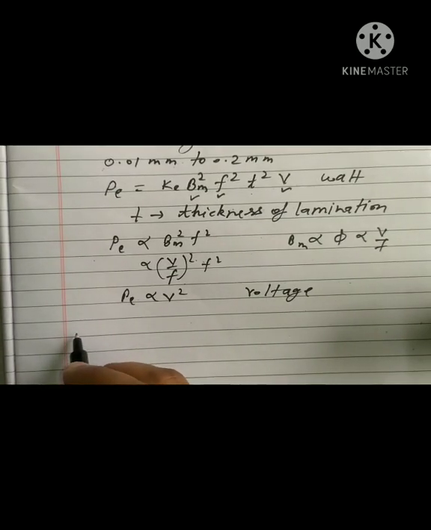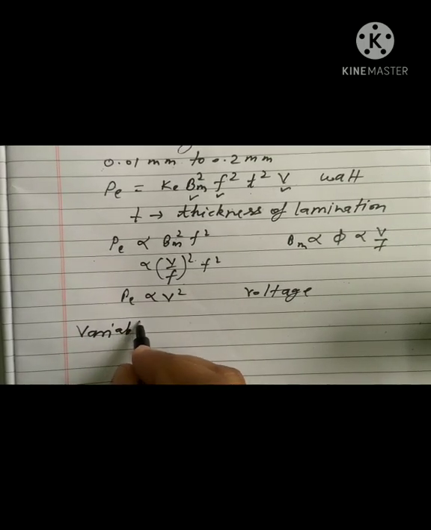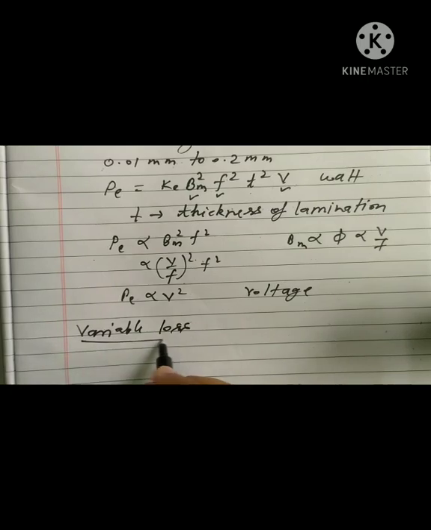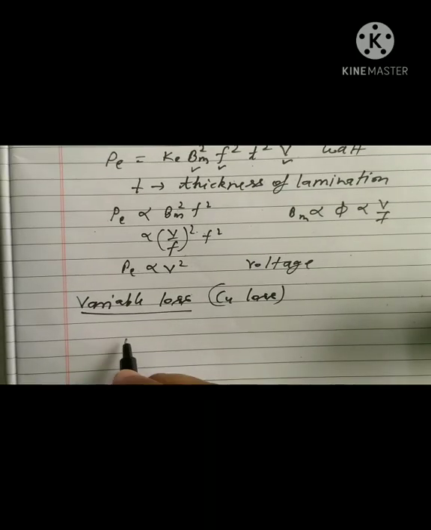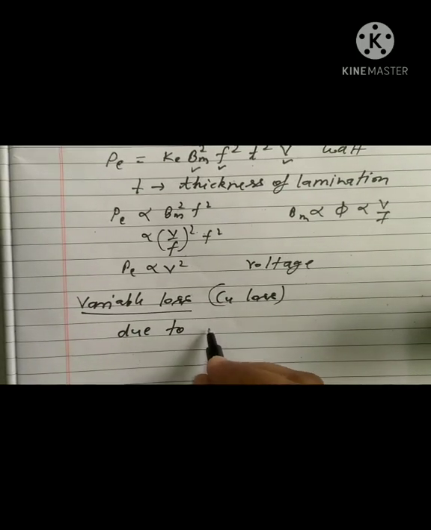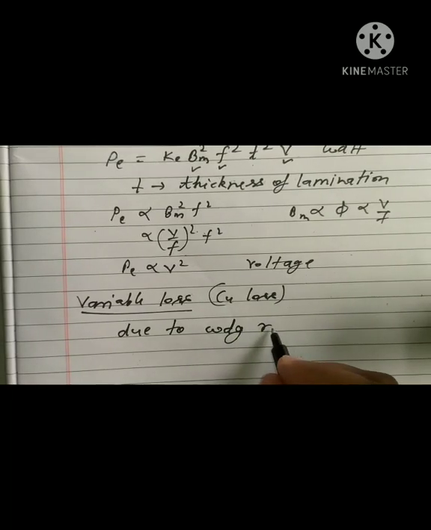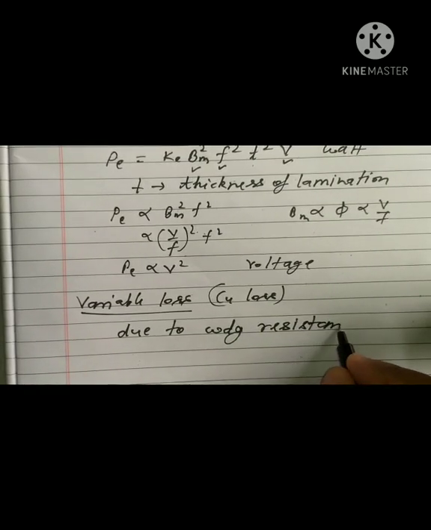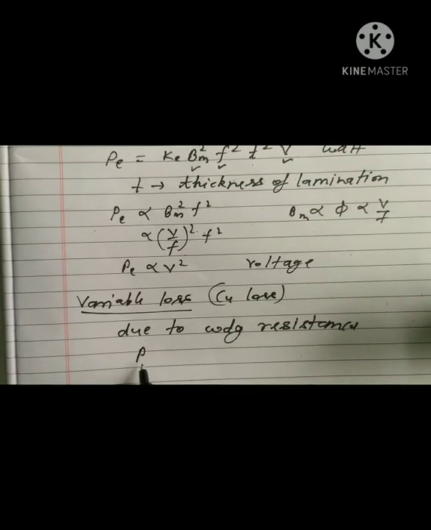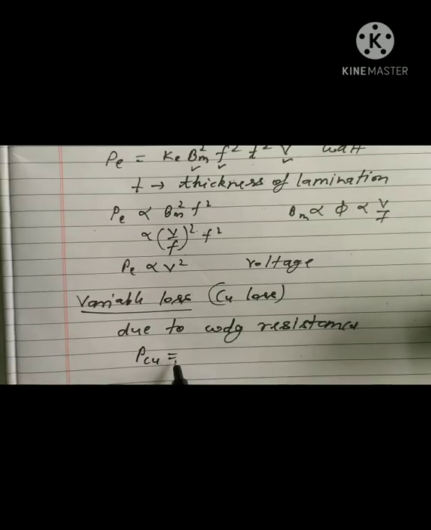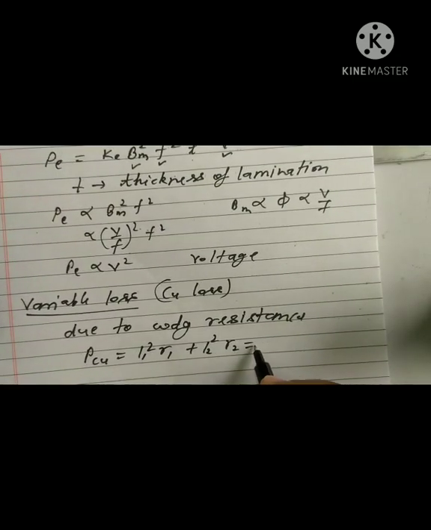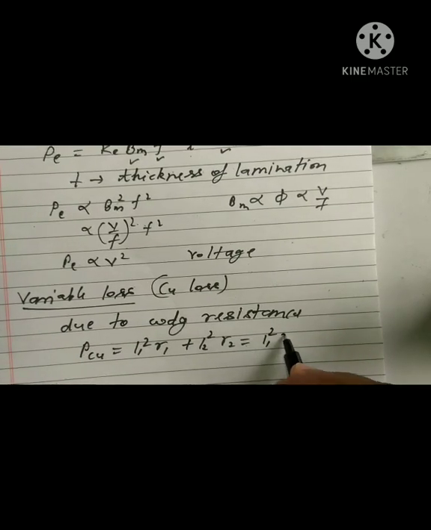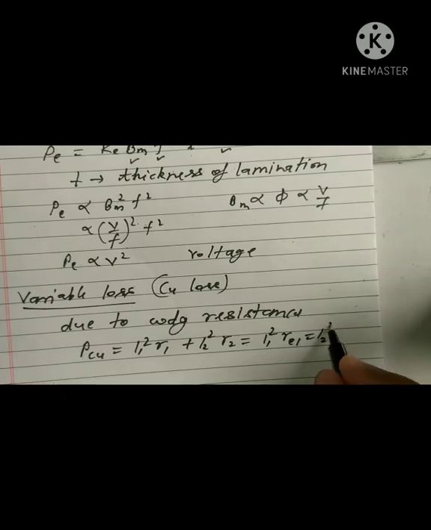Next loss, that is variable loss, that is copper loss. This loss is due to winding resistance, and it can be given as PCU copper loss equal to I1 square R1, primary winding copper loss, plus I2 square R2, or if we have referred the circuit to either side, I can write I1 square RE1 or I2 square RE2.